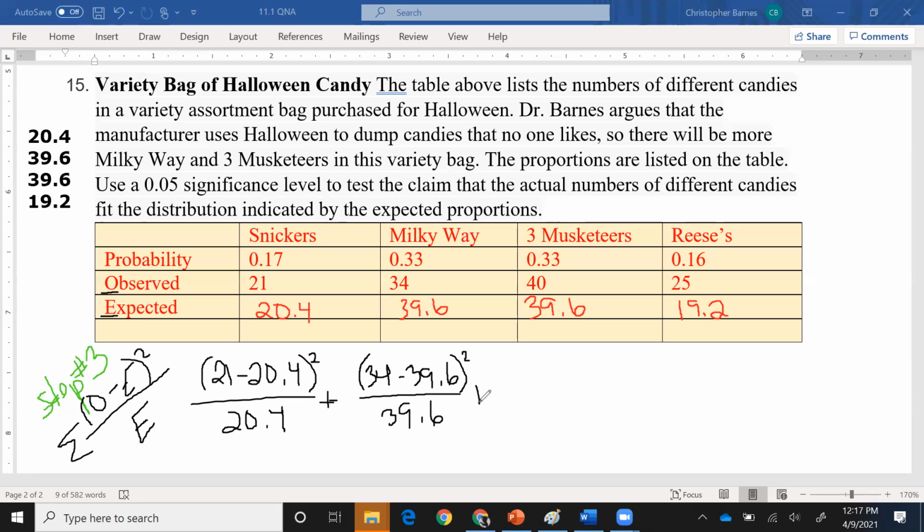All right. 40 minus 39.6 squared over 39.6. Excellent. 25 minus 19.2 squared over 19.2.